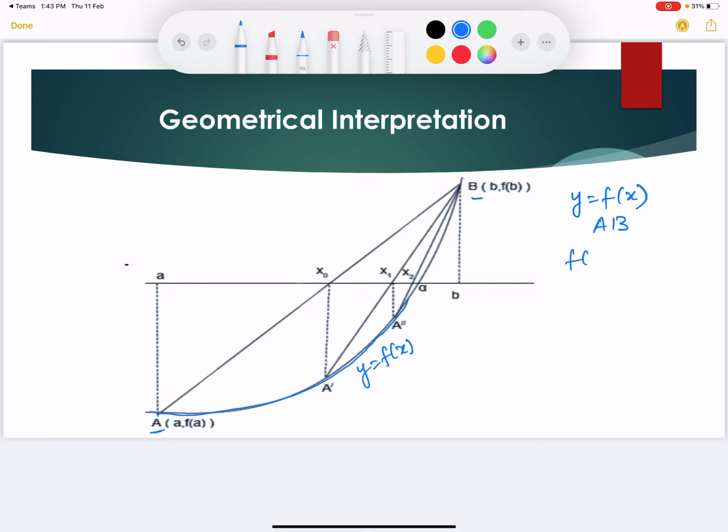What we do is find the chord joining A and B.